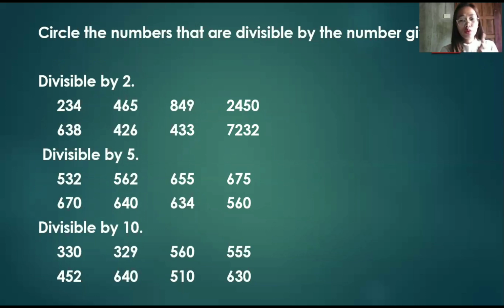And all you have to do is circle it. So, circle the numbers that are divisible by 2, divisible by 5, and divisible by 10. So, it is very easy. Let us just remember the rules so that it is very easy for us to answer.